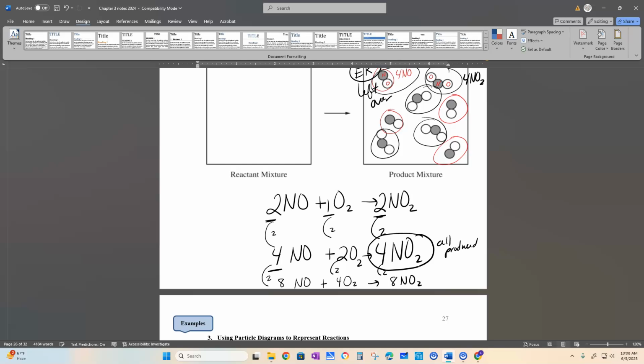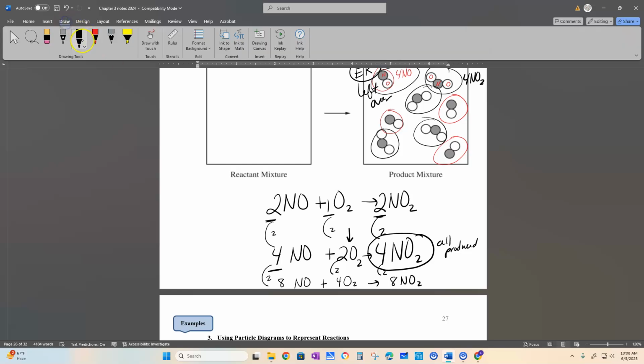So the question is, what was in the beginning for me to have 4 left over. So for me to have 4 NO2s, I had to have had 2 O2s. So in my drawing, and I can't color in the white, I must have had 2 diatomic oxygens to begin with.